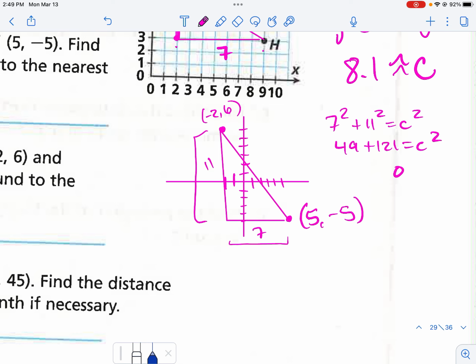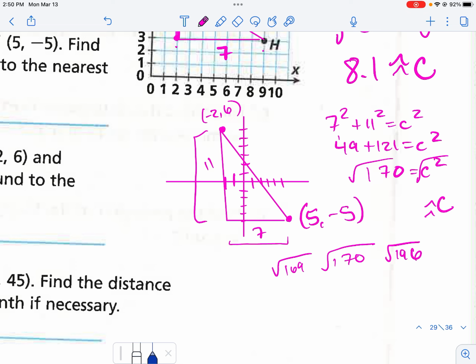That's a 0, 5, 6, 7, 170 is equal to c squared. I take the square root of both sides. C is approximately, let's see, 170 is between 169 and 196. So I'm going to say approximately 13.1.